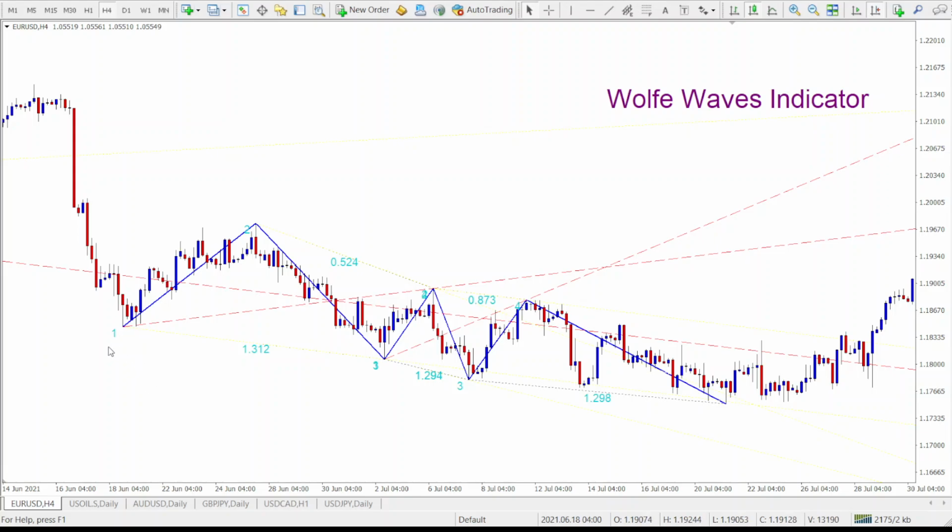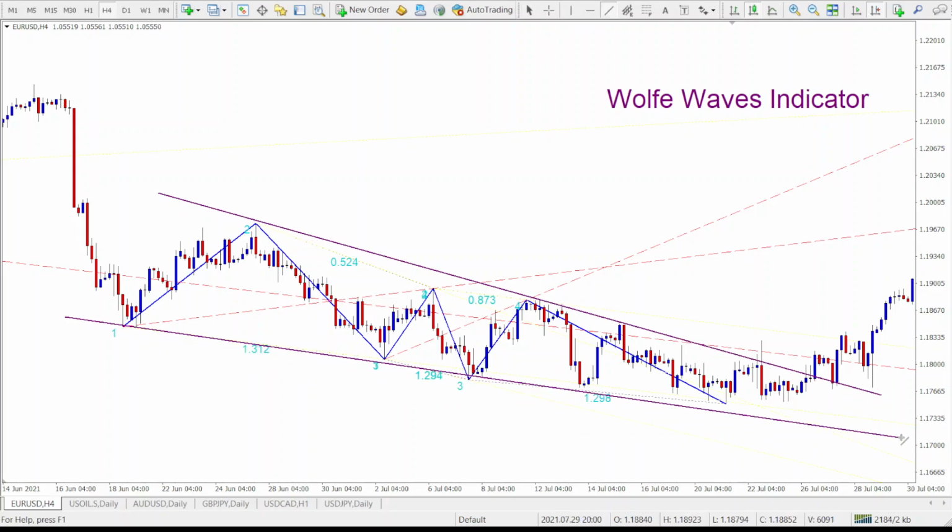We can see we have our first wave here and our second wave here, and they fall within this channel, this falling wedge pattern. So the third and fourth waves must form within the channel established by the first two waves. And we can see we got our third wave here.